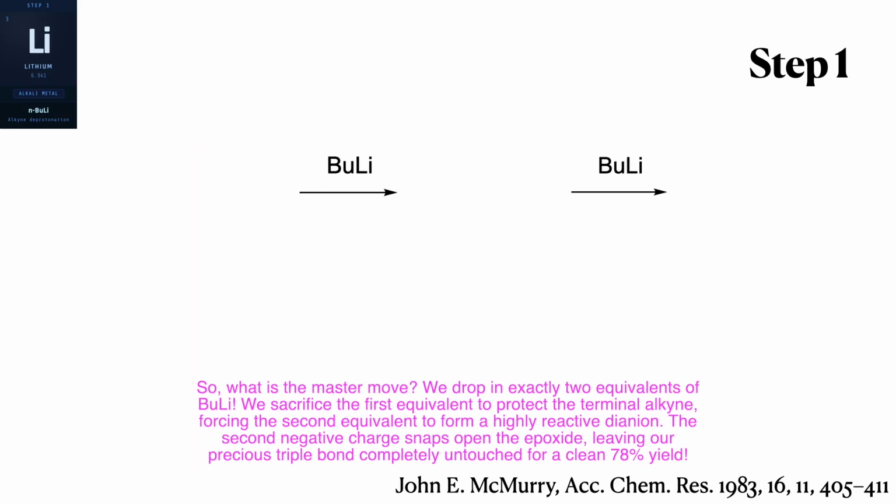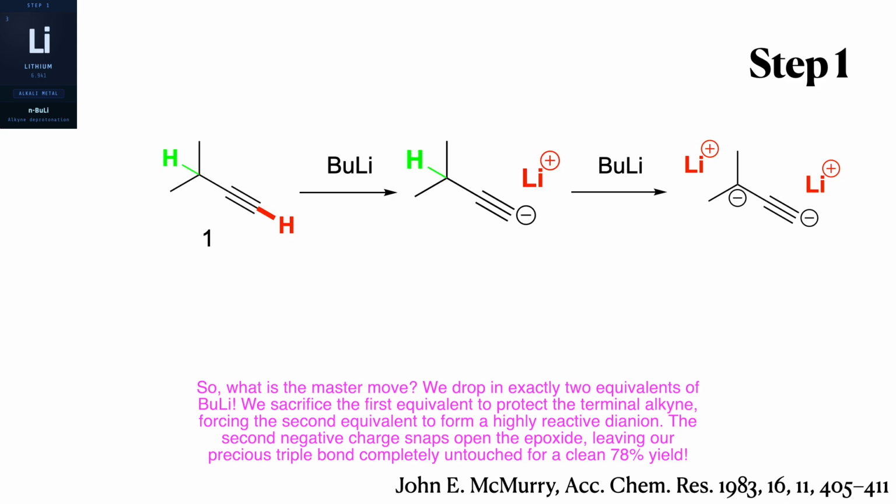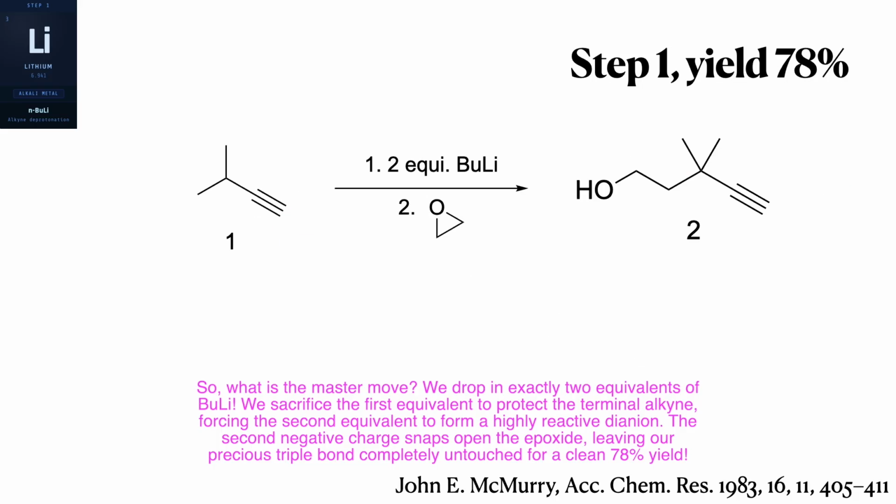So, what is the master move? We drop in exactly 2 equivalents of butyllithium. We sacrifice the first equivalent to protect the terminal alkyne, forcing the second equivalent to form a highly reactive dianion. The second negative charge slaps open the epoxide, leaving our precious triple bond completely untouched for a clean 78% yield.